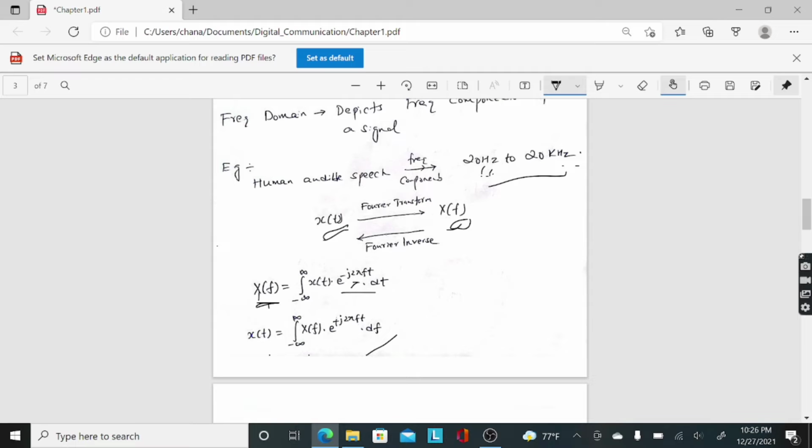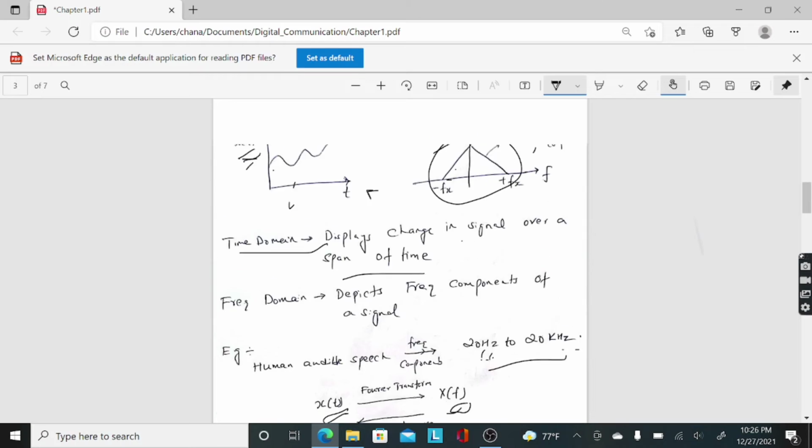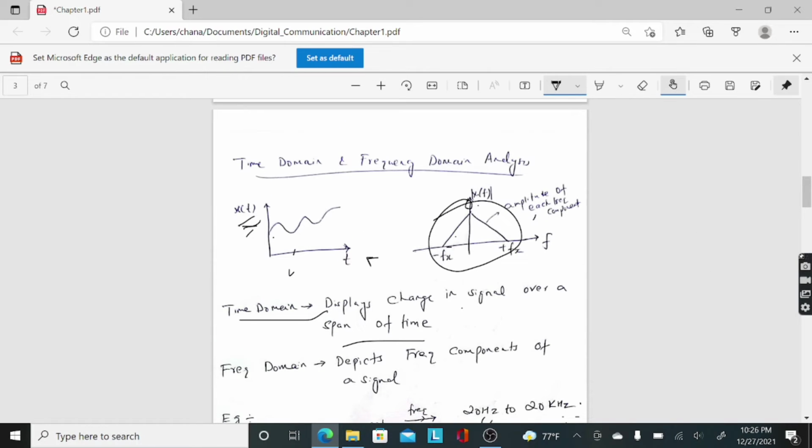To understand that a little bit better, we'll go into detail about a complex number, but one thing I want to show is, here we talked about each frequency component and the amplitude of each frequency component, but each frequency component not only may have different amplitude, it may also have different phase delay.